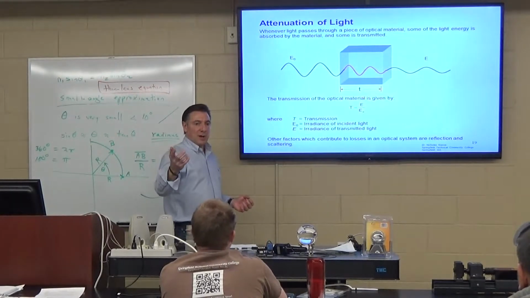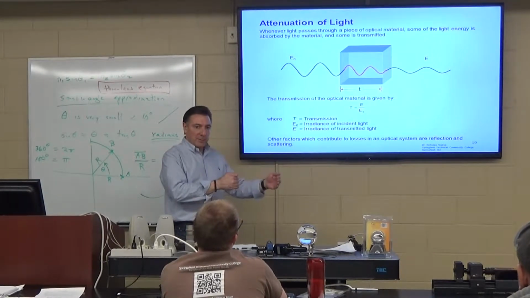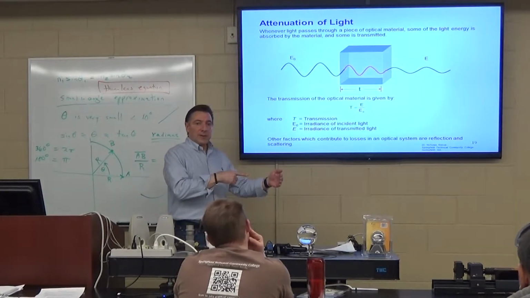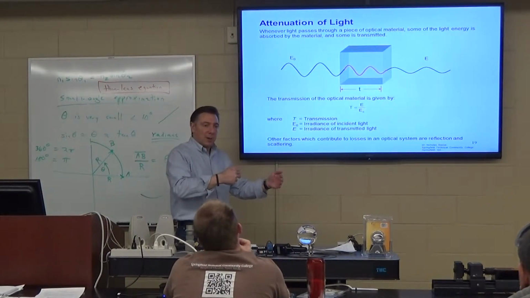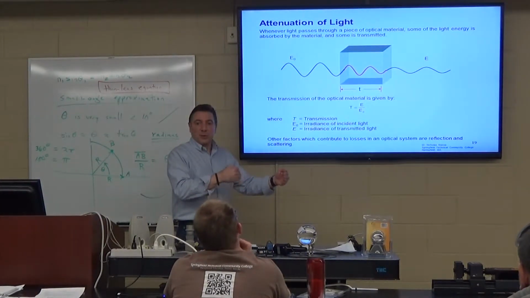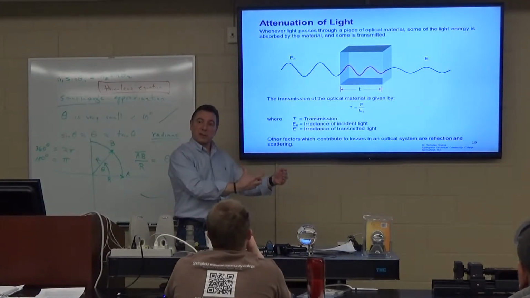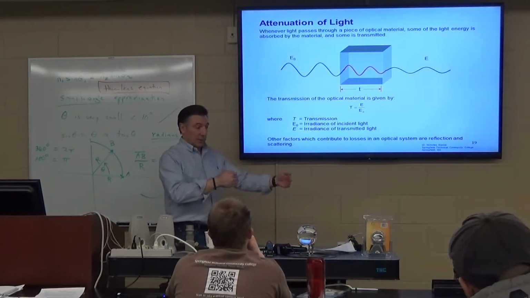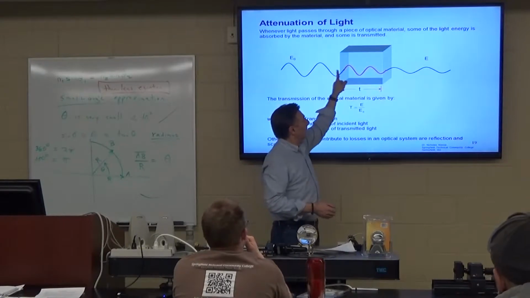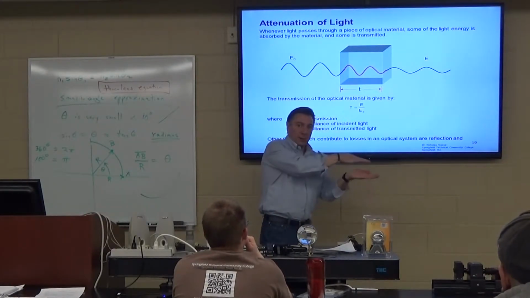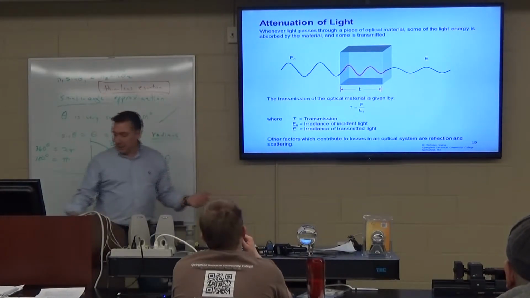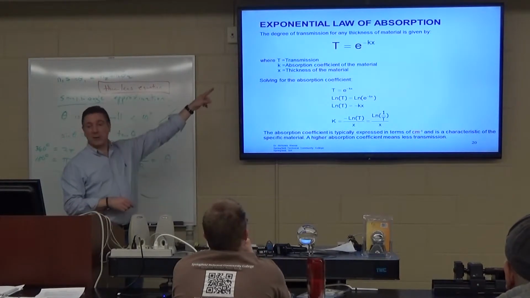The exponential law of absorption says that the thicker you make a material, light is going to be attenuated, or knocked down in power, at a rate that's exponentially proportional to the thickness of the material. So the thicker the material, the more it's going to get shrunken down as it goes through. And you can model that using that equation.